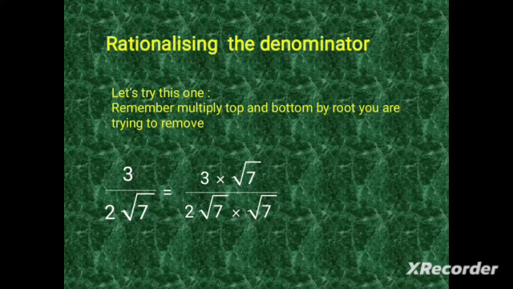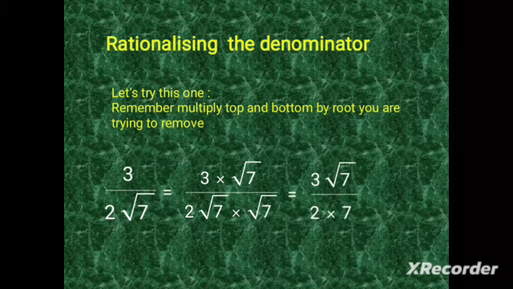So we have 3 over 2 root 7 times root 7, because root 7 is what we are trying to remove here, times again root 7 on its denominator, and therefore on the numerator side we will get 3 root 7, and on the denominator we have the rule which says root of a times root of a, the answer is a.